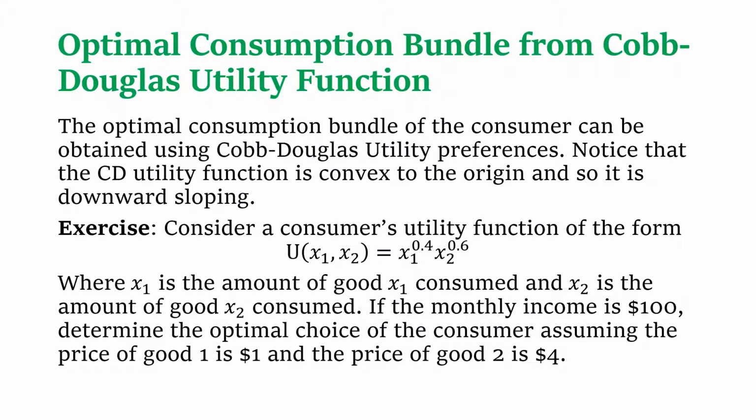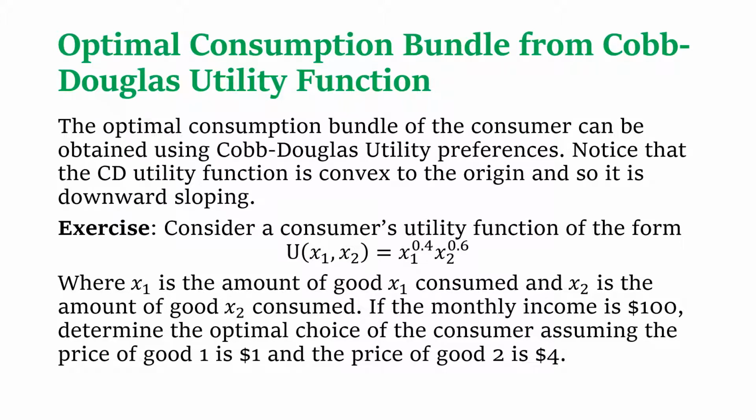You are going to multiply this entire equation by 0.4, but remember, you are taking 1 from the power. So it is 0.4 times x1 to the power 0.4 minus 1. Remember, 0.4 minus 1 is just negative 0.6, right?